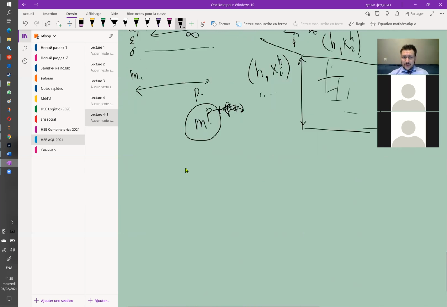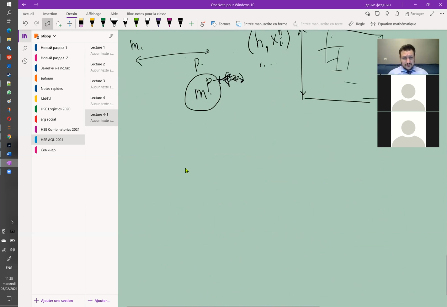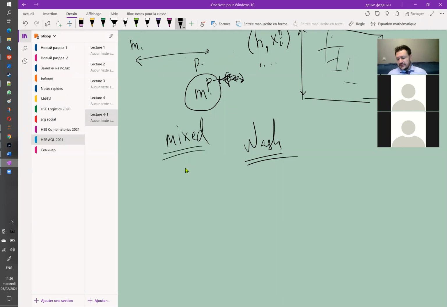When we talk about mixed strategies, what does it mean, mixed strategies? Nash, a very famous scientist, proved that there is always a Nash equilibrium in the mixed strategies. In pure strategies, it's not the fact. What does that mean?